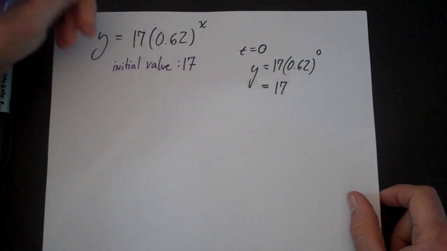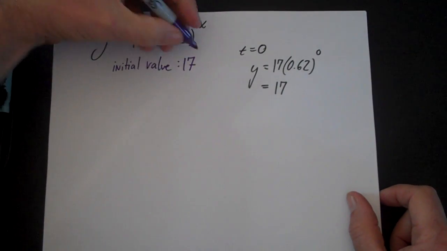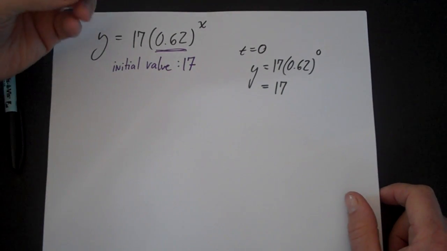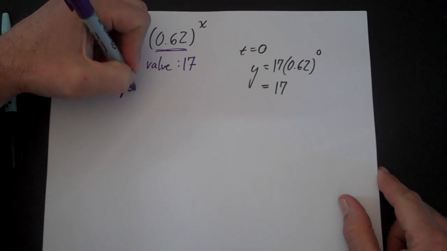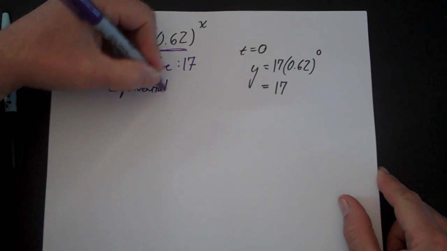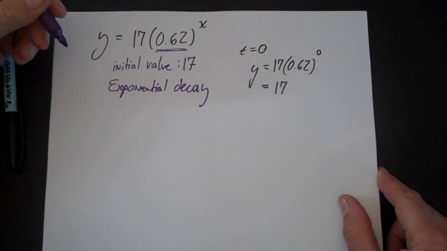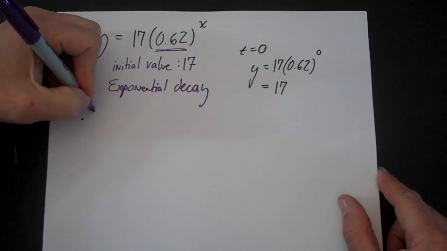Now let's look at this as growth or decay. We have to look at this number here and see if this number here is greater than 1 or less than 1. In this case, that number is less than 1, so this is exponential decay. And as the last step, we're going to look at the growth or decay rate. So we look at this number, 0.62, and we subtract 1.